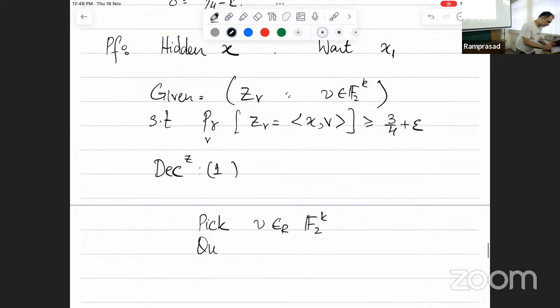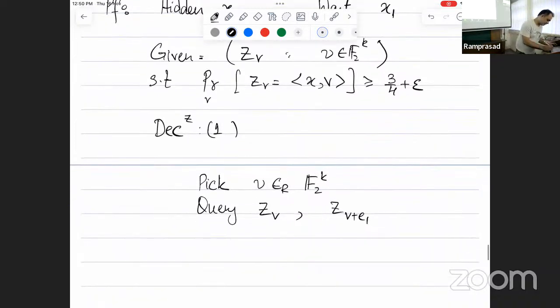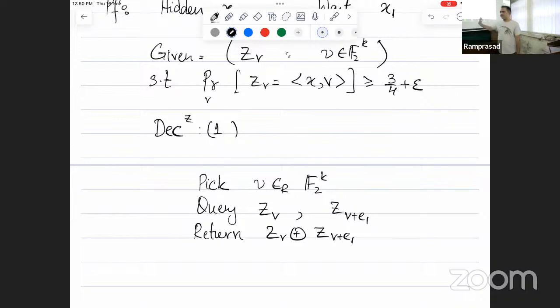Query z_v and z_{v+e1}. Return z_v XOR z_{v+e1}. That's your local decoder. In fact, it's exactly just that.